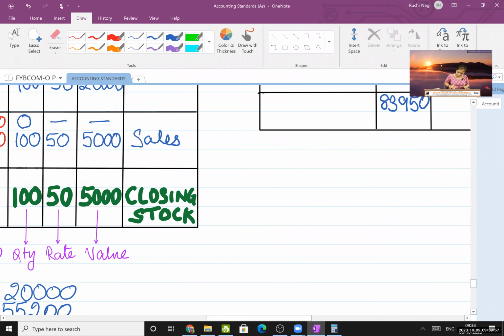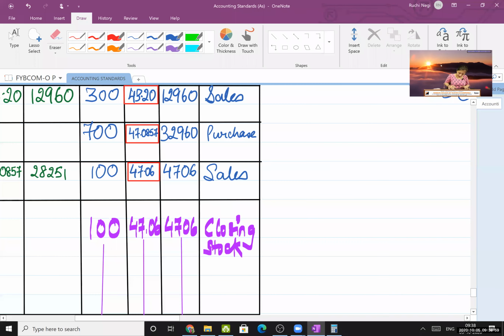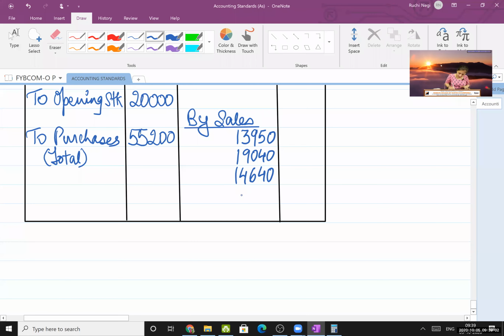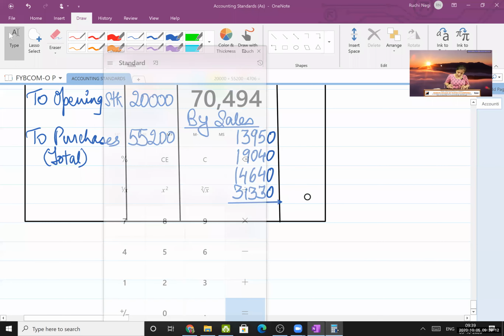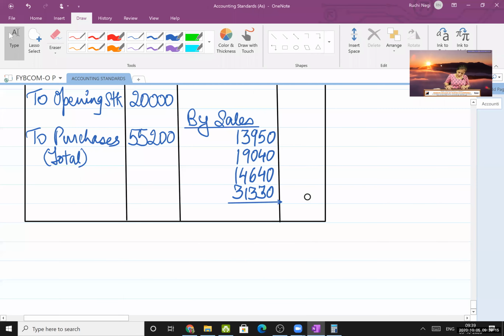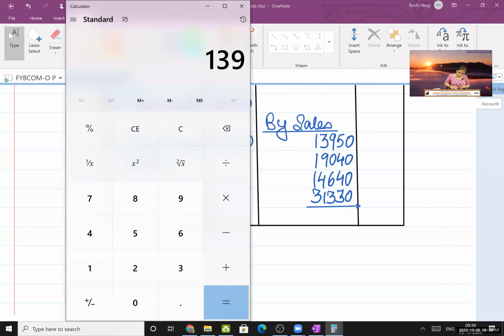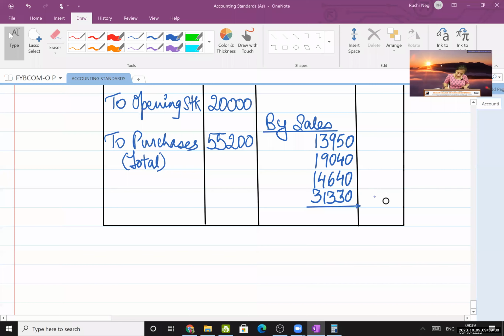And one more is there. 31,330. Okay. 31,330. Fine. And you can take this total in the outer column. So this way you can do 13,950, or you can directly take the total. Plus 19,040 plus 14,640 plus 31,330. The answer is 78,960. 78,960. Okay.